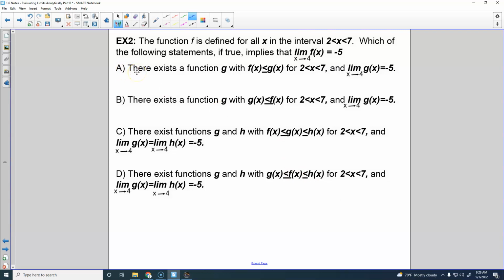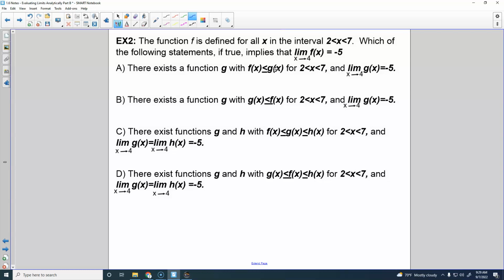Okay, so A says there exists a function g such that f is always less than g, and we know that the limit of g as x approaches 4 equals negative 5. Does this prove that f has to have a limit of negative 5, if we know that there's a function g that's always above f?